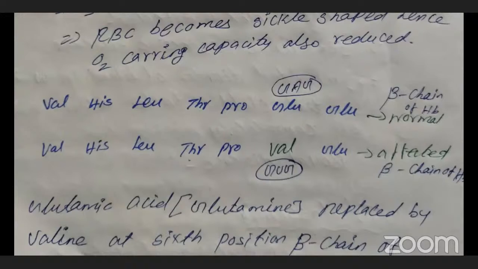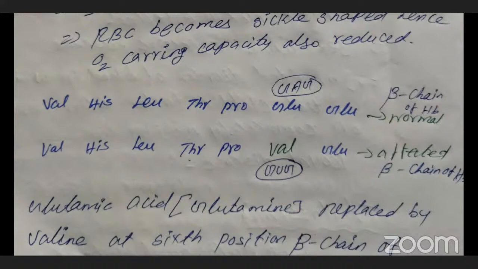You can see positions 1, 2, 3, 4, 5, 6. In the sixth position of the beta chain, the GAG code is for the synthesis of glutamic acid. The code is altered. The first line is the normal one. The second one is valine, histidine, leucine, proline, etc. Here the code is changed.